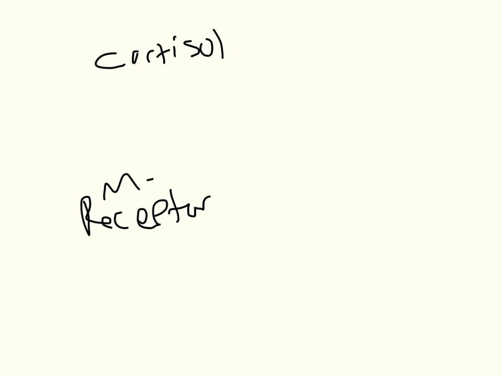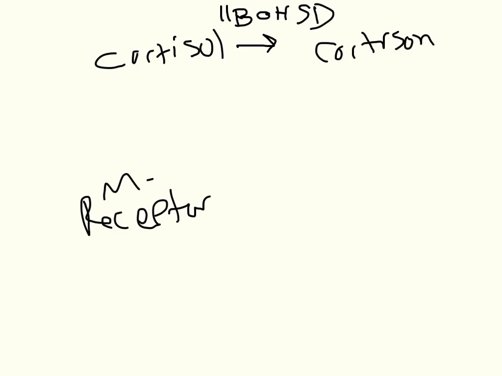However, the way your body protects itself from this activity is that it uses an enzyme, 11-beta hydroxysteroid dehydrogenase, and that converts the active cortisol into cortisone. However, whenever your cortisol levels go up tremendously, it overcomes this enzyme. And so you're going to have cortisol that's going to make it to the mineralocorticoid receptors and activate them.